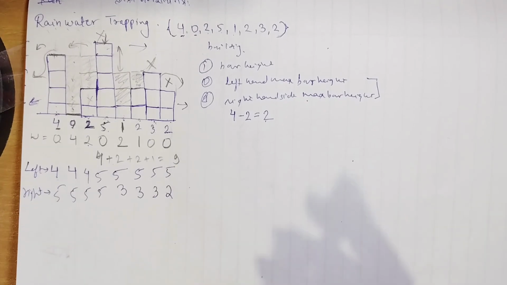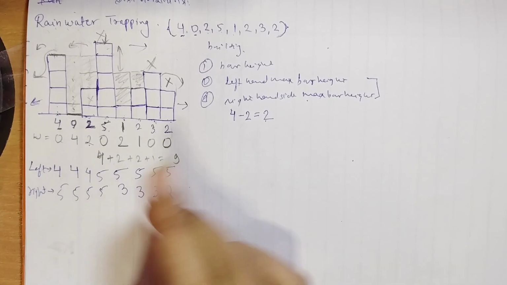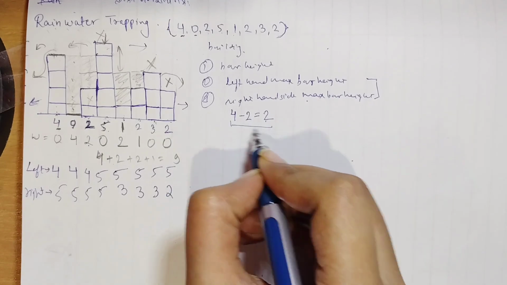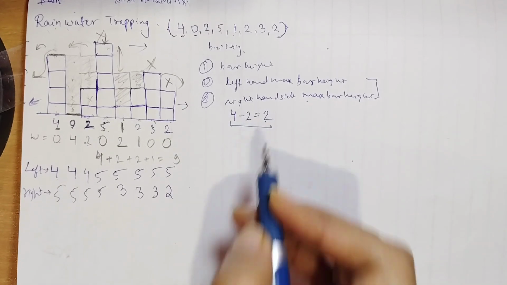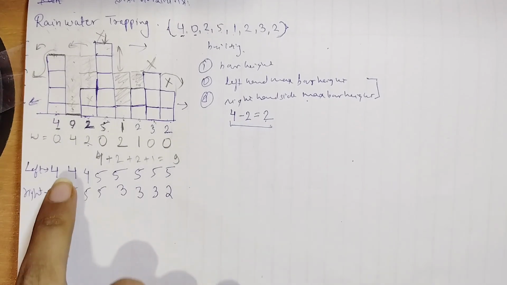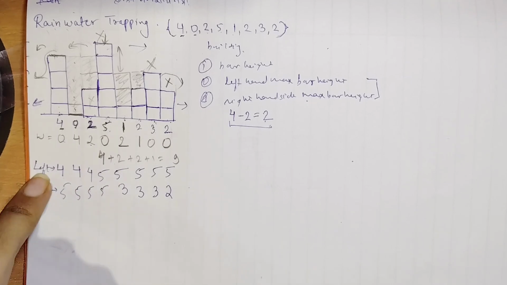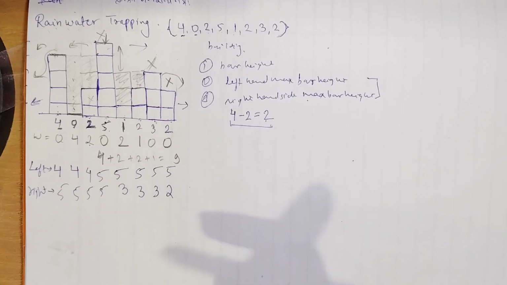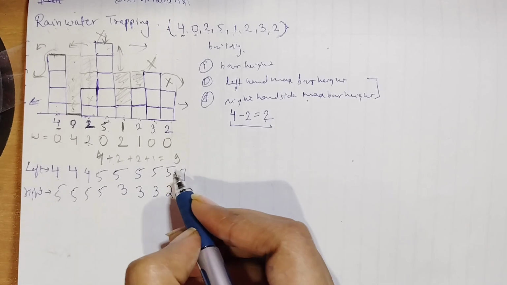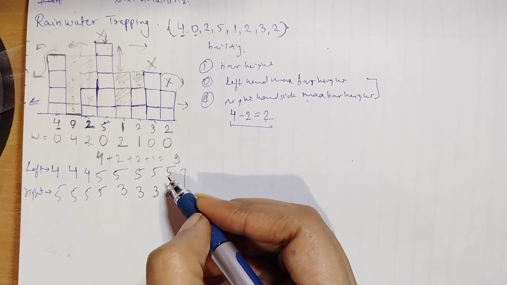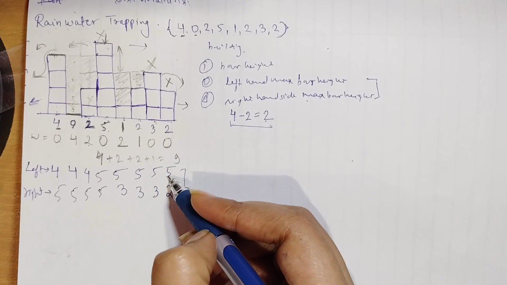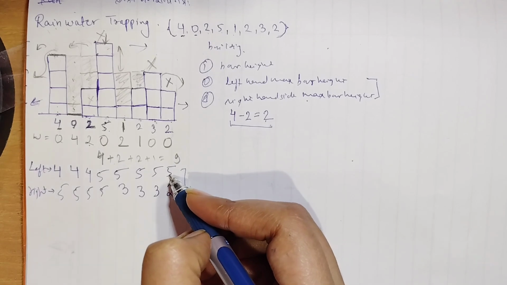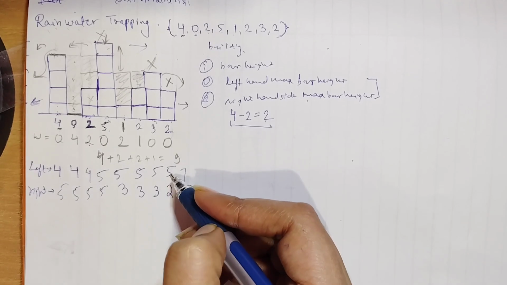So now I'll tell you what will be the formula for this. We have already done it here, but I am writing its formula. So first we are calculating our left hand side maximum bar, then we are calculating the right hand side maximum bar. Now we have to compare this left and right. For each bar you have to calculate which has the minimum value, left or right.